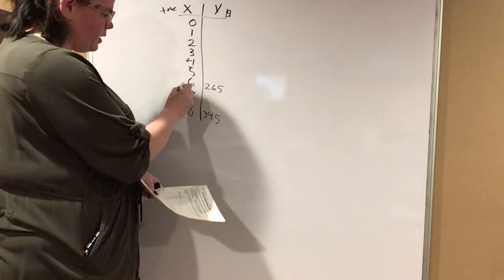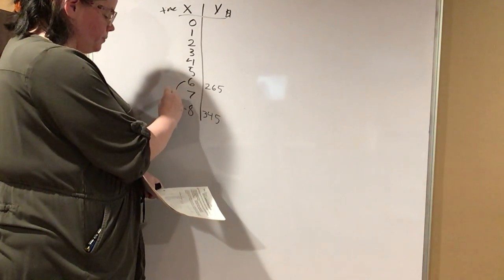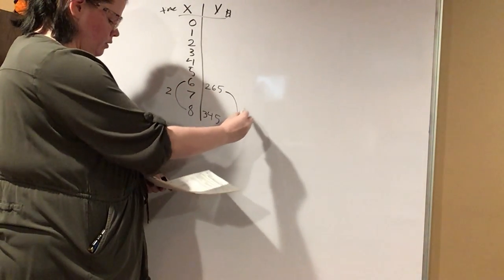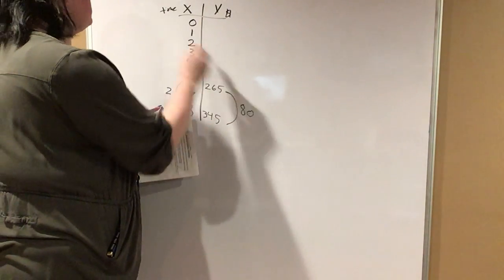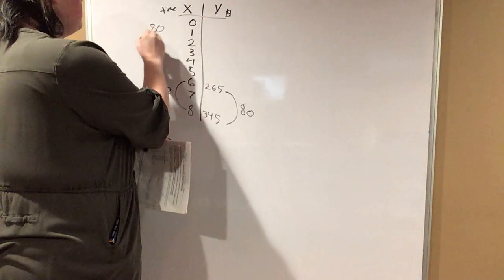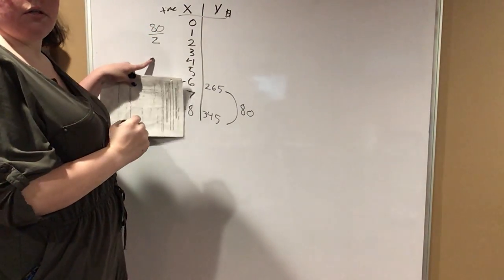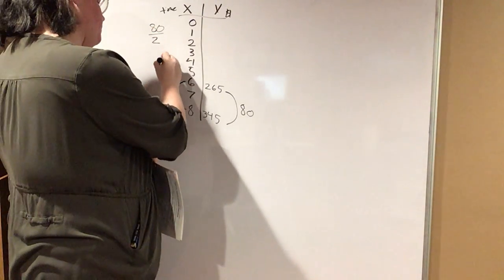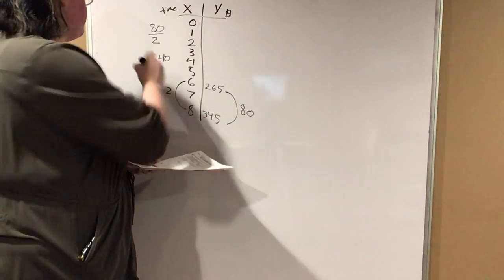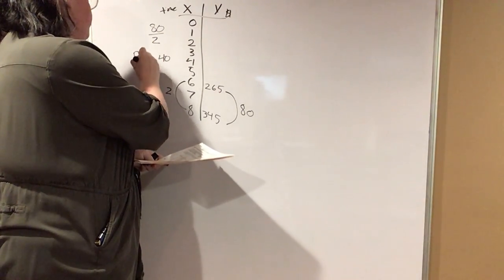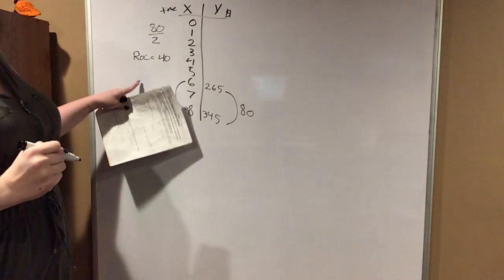From here to here, we get 2. And from here to here, we got 80. So I take these two numbers and go, what is 80 divided by 2? Well, 80 divided by 2 is 40. So I know my rate of change is 40. So our rate of change equals 40.